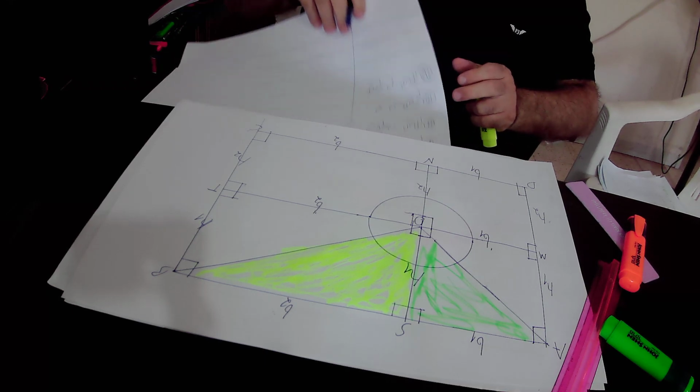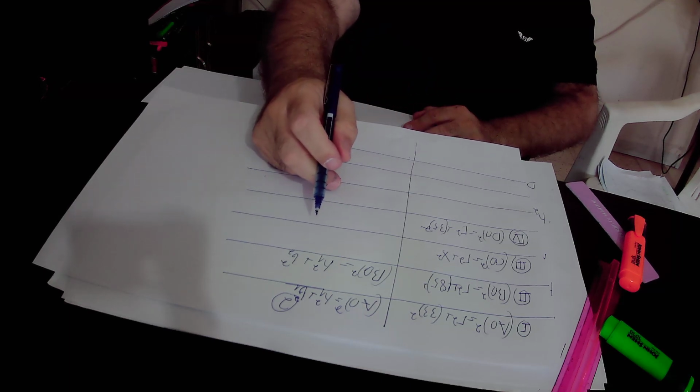Repeat again: in the right yellow triangle OSB, BO squared equals H1 squared plus B2 squared.